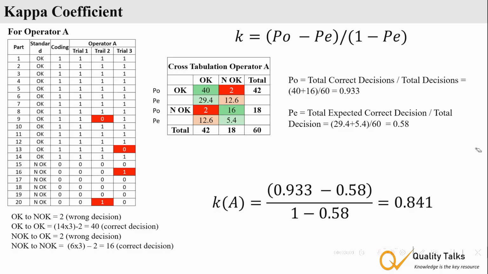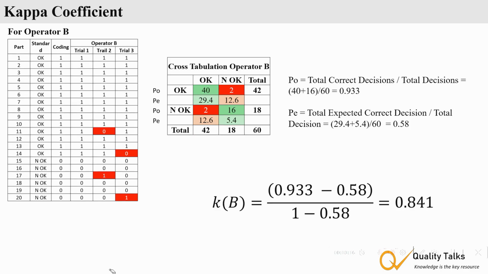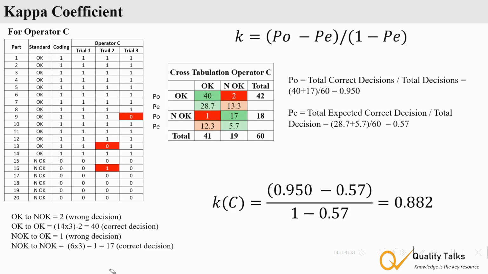By putting the PO and PE values into the Kappa coefficient formula, we get the Kappa coefficient for operator A as 0.841. Similarly, we will calculate the same thing for operator B. As the number of correct decisions and wrong decisions are same, we will get the value of KB as 0.841. Similarly, we will calculate the Kappa value for operator C. It came as 0.882.